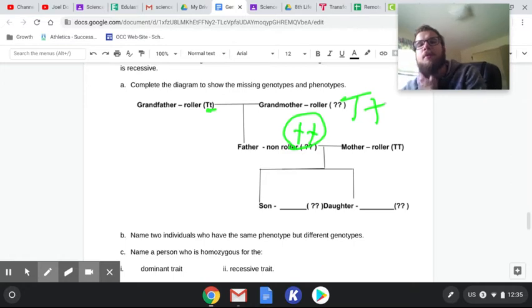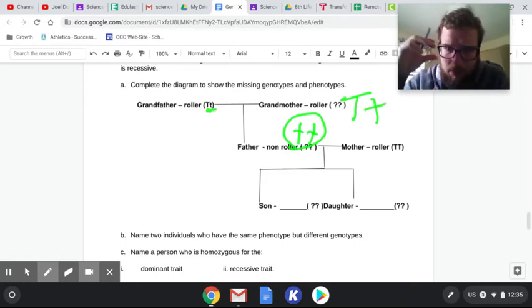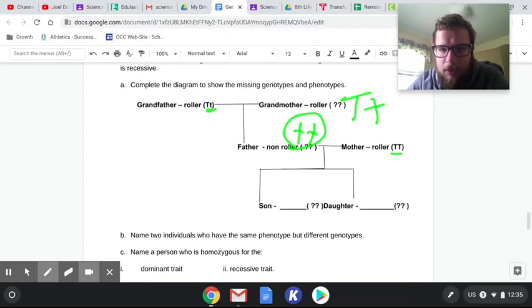So we know that she's going to be big T, little t. All right, we're going down the chain here. So mother marries into the family. She's big T, big T. We know that father's little t, little t. So we've got son and daughter, and we don't know anything about them.